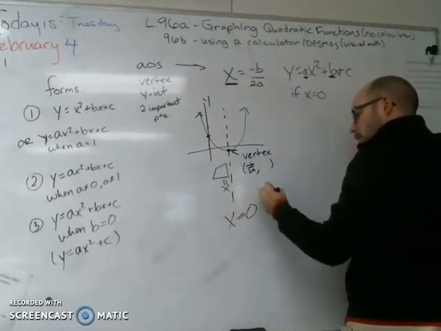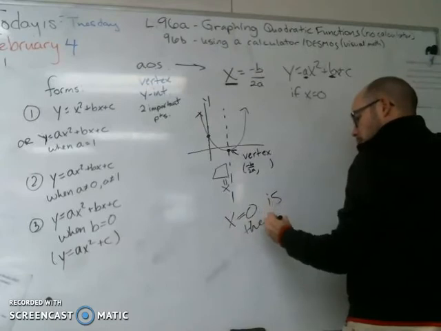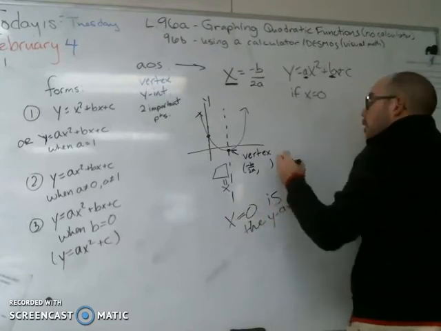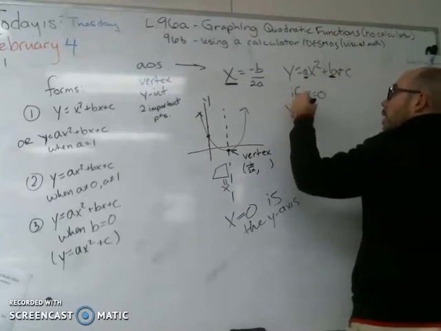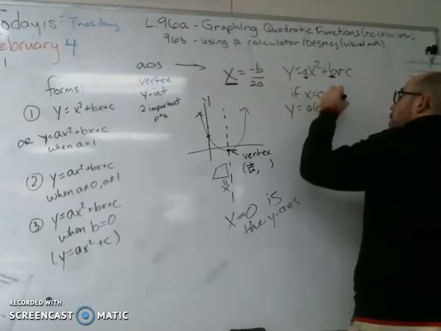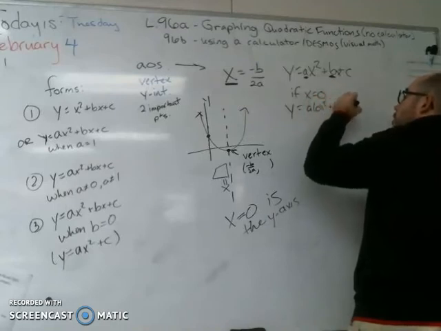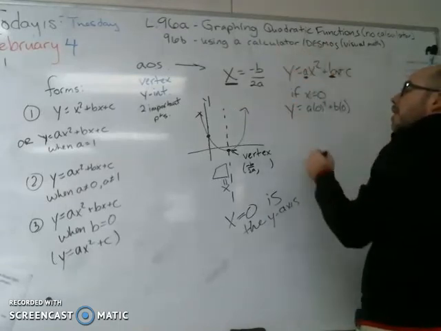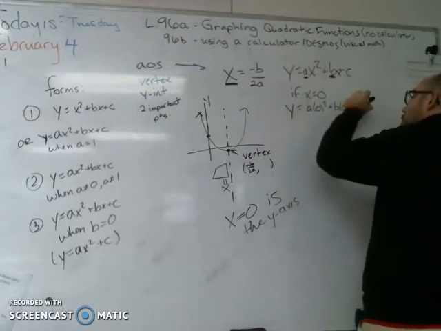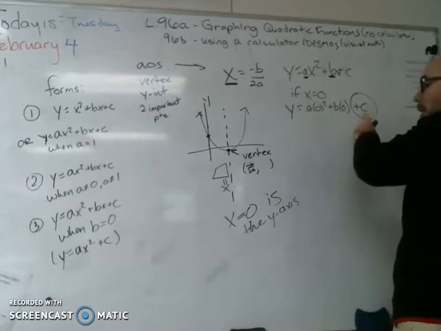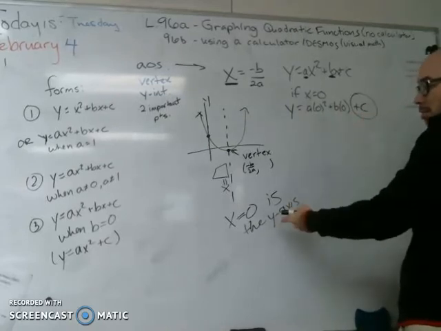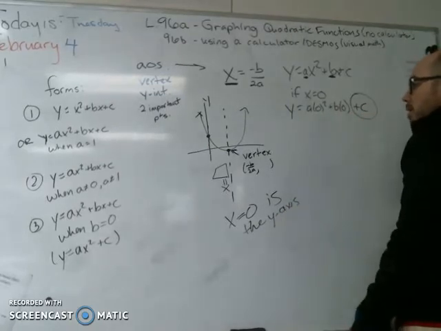So if we plug a 0 in here, we get y equals something times 0 squared plus something times 0. Obviously, these two parts become nothing, and we just get this part right here.